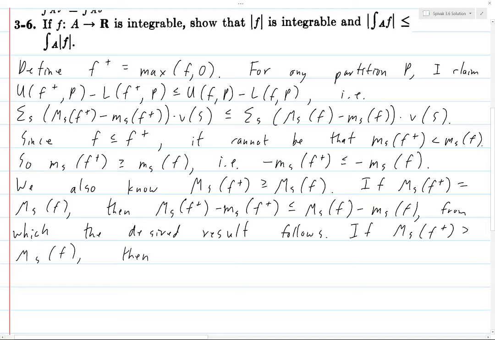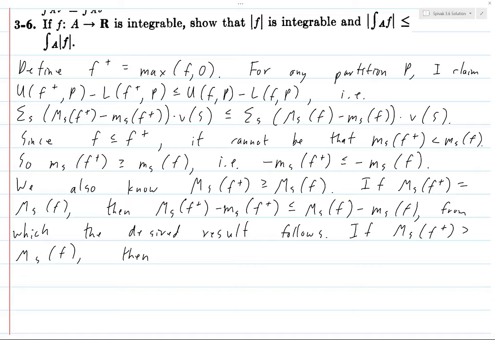Then, what does this tell us? Okay, so capital M_S f plus is strictly greater than capital M_S f. So the only difference between f and f plus is that whenever f is negative, f plus is 0.